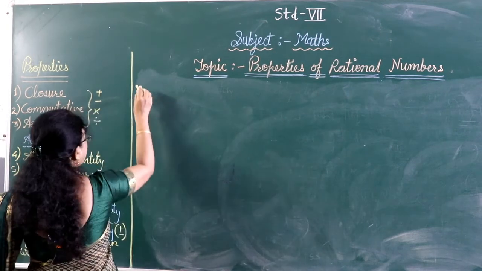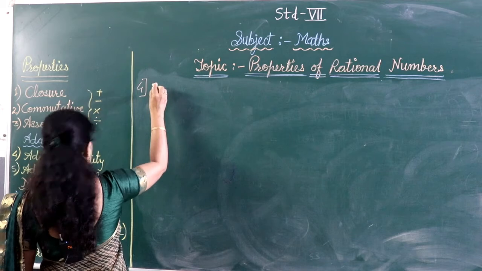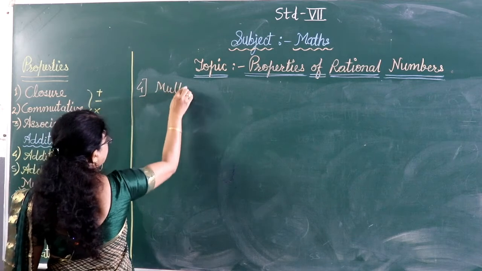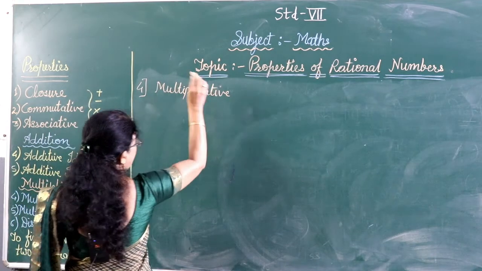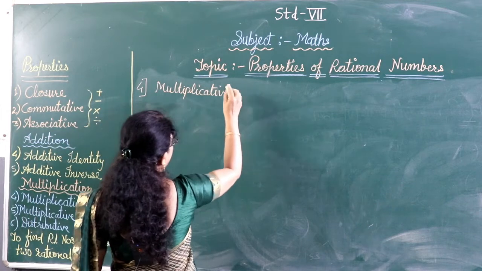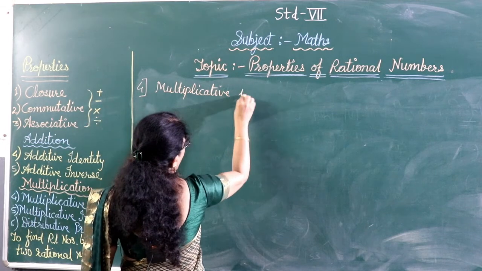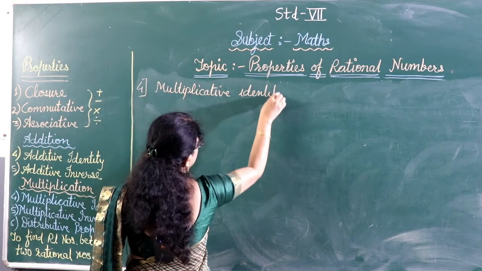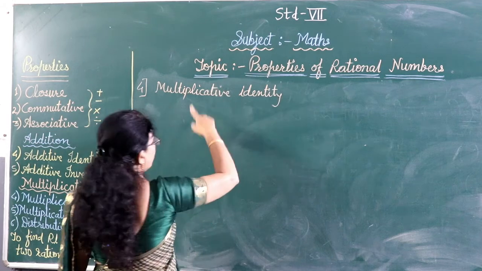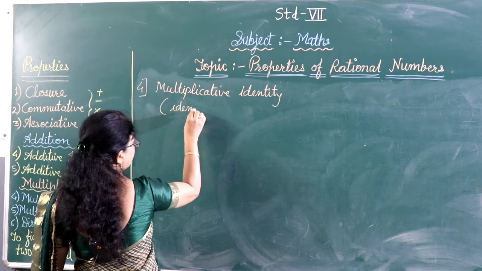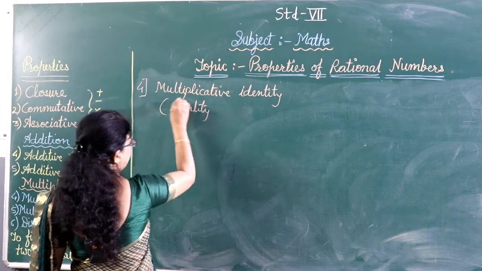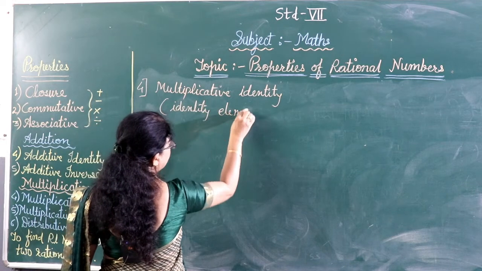The fourth property for multiplication is multiplicative identity. What is multiplicative identity? Like additive identity, we want the same answer. It is also called the identity element.